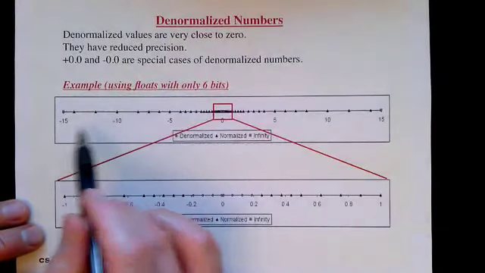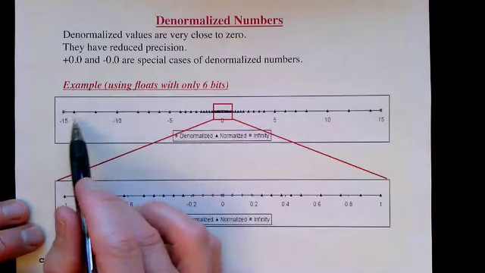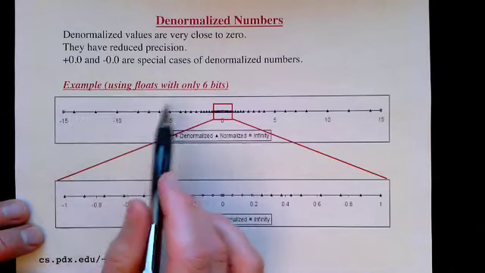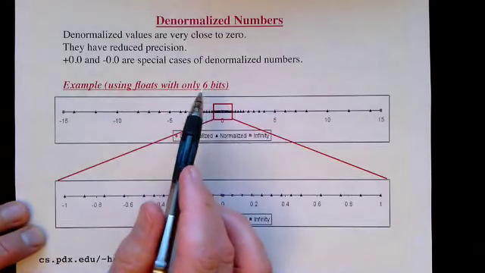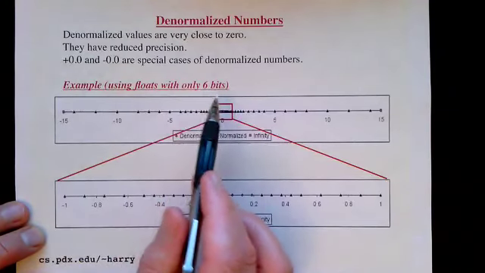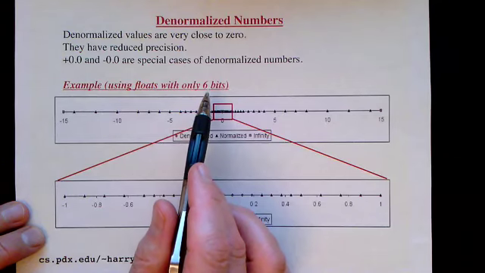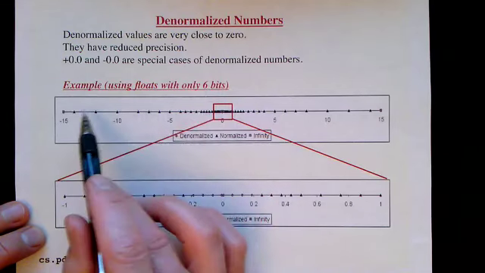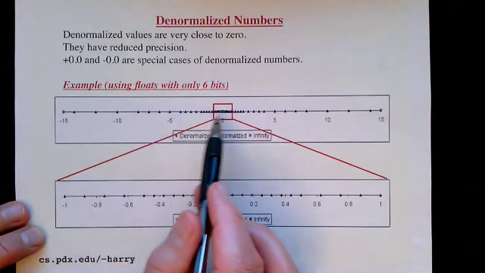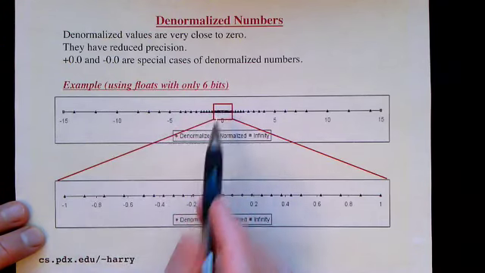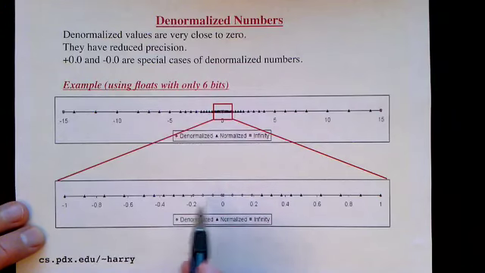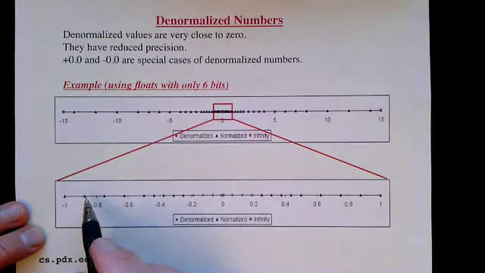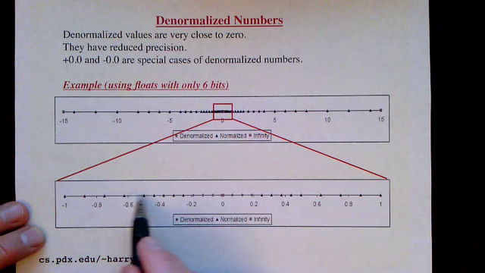Okay, so here's our picture again with the same values. Again, we're using an analog of single precision, but instead of 32 bits, we've only got 6 bits. They're spaced out and they get closer and closer. If we blow up this area right around 0, we can see that our normalized numbers are shown with triangles here.